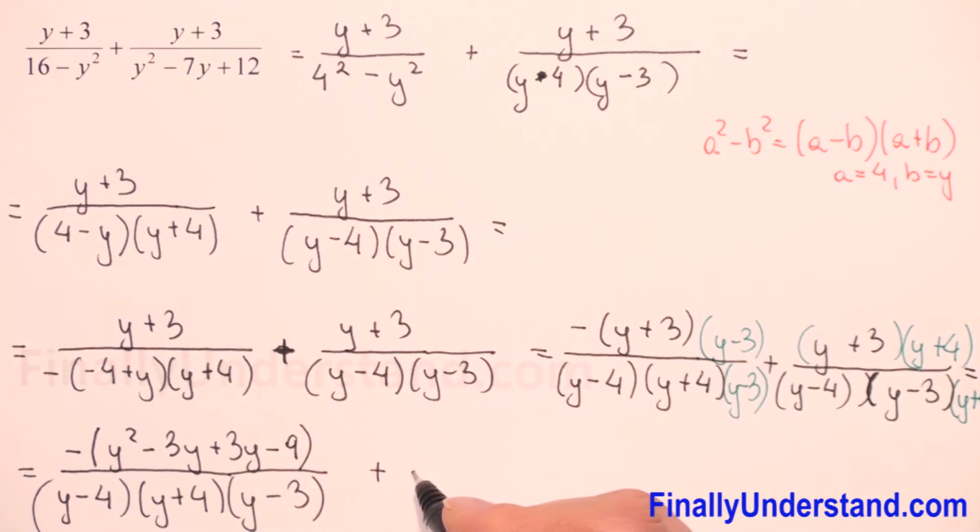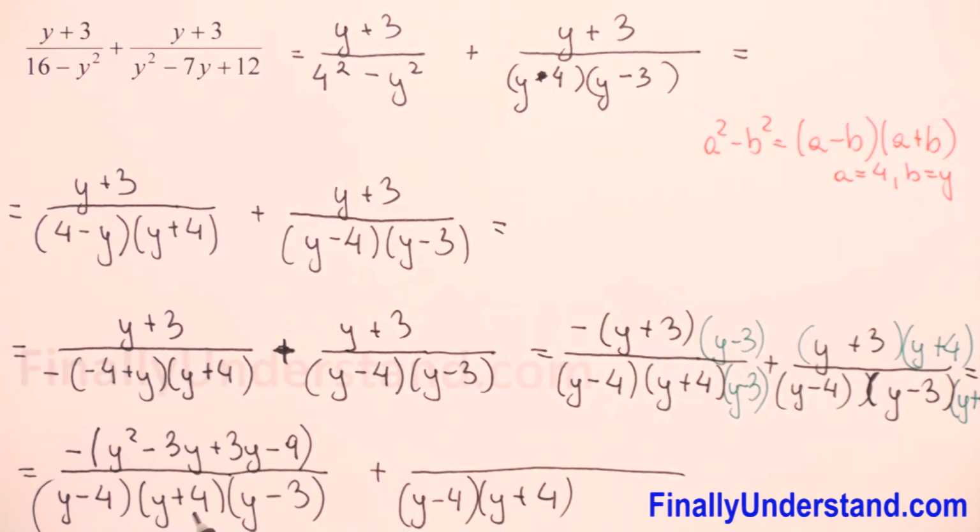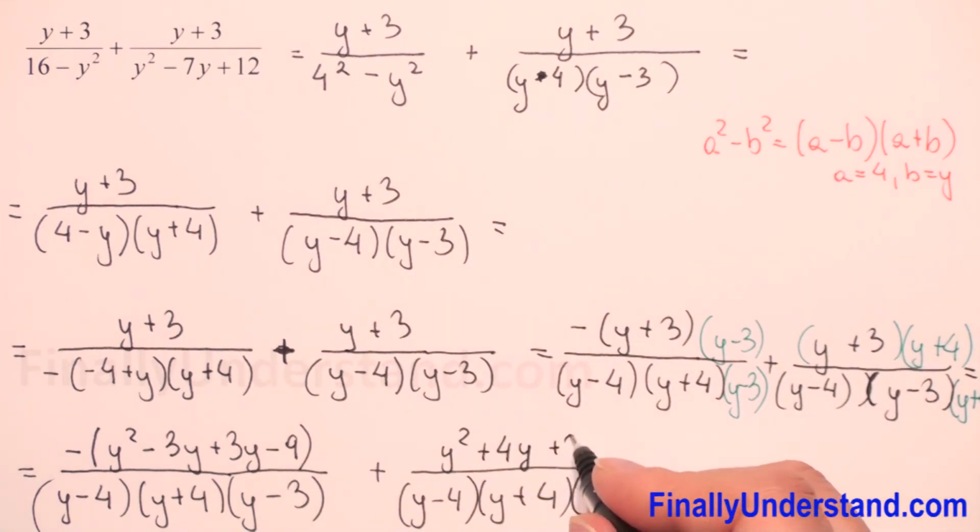And we have plus the numerator y minus 4. I can change the order, and first I will put y plus 4, because here in the first denominator I have y plus 4, the second expression, and y minus 3, the last. So now multiplication, y times y is y squared, y times 4 is plus 4y, 3 times y is 3y, and 3 times 4 is 12.